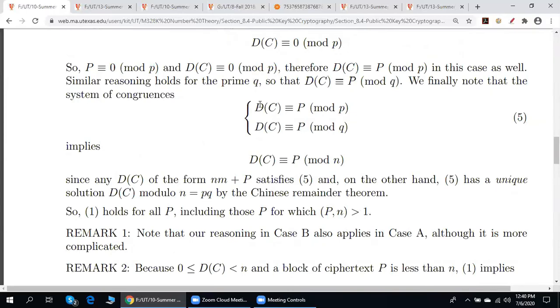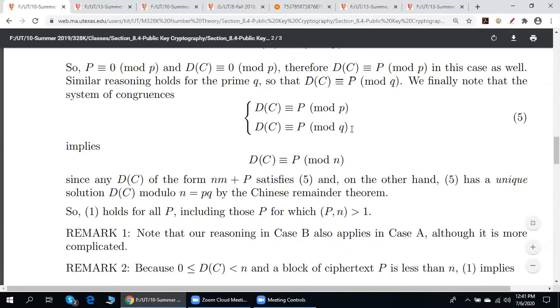Note that this system indeed implies that d of c is congruent to p modulo n. Here is why. Any d of c of this form satisfies this system.